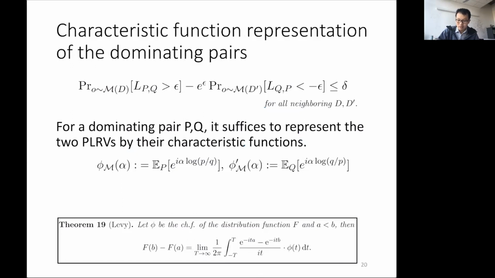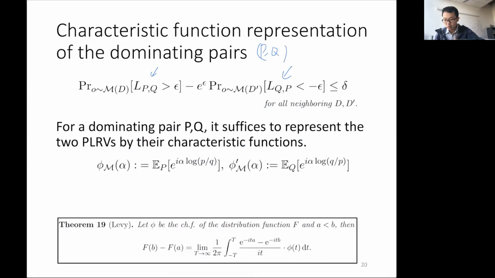One of them is the privacy loss random variable when the two distributions are P and Q, and the other is the privacy loss random variable when the distributions are Q and P. Using the fact that we have a dominating pair P, Q, it suffices to keep track of the distribution of the two privacy loss random variables, one LPQ, the other LQP. Then we can hopefully use this formula to calculate delta as a function of epsilon, or epsilon as a function of delta.